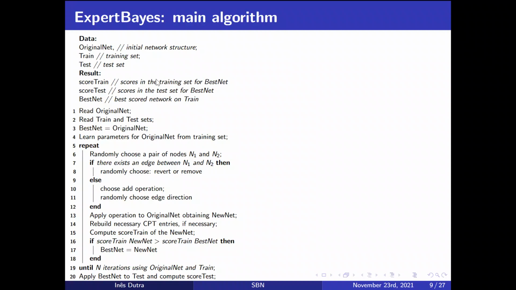I just put it here because the main algorithm implemented by ExpertBayes is very simple. The idea of ExpertBayes when we designed it was to be friendly to the user. The user could put in their model, and the motivation came from me and the other people working with experts from the medical area.